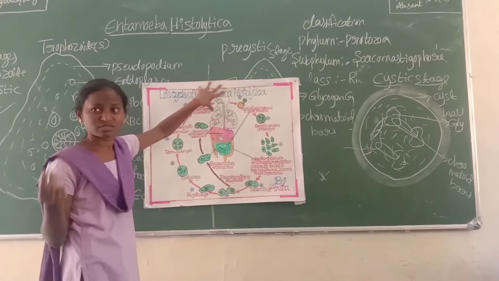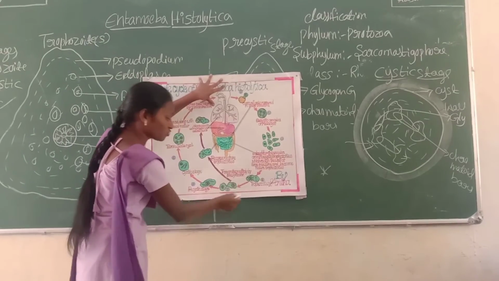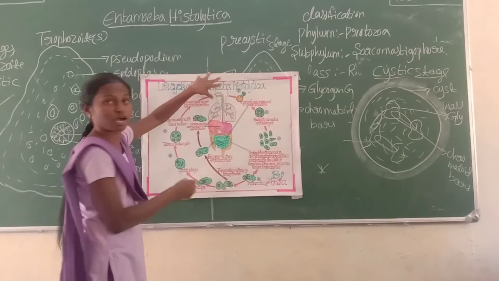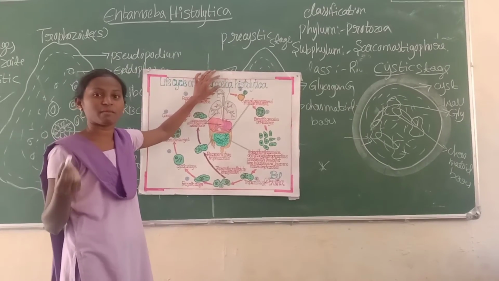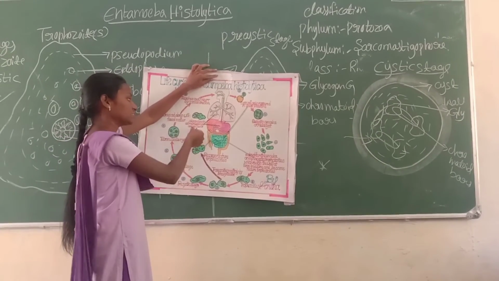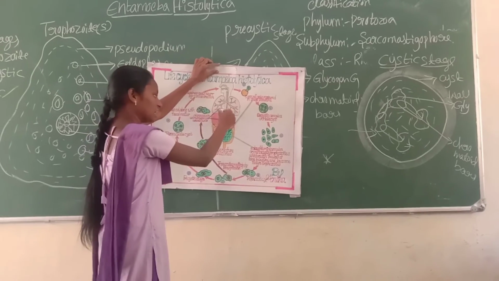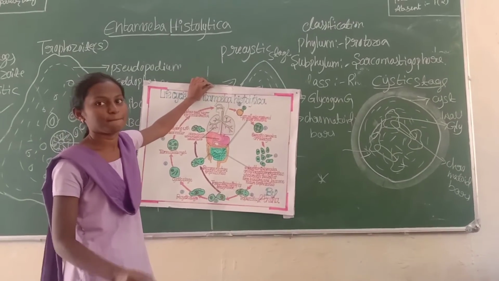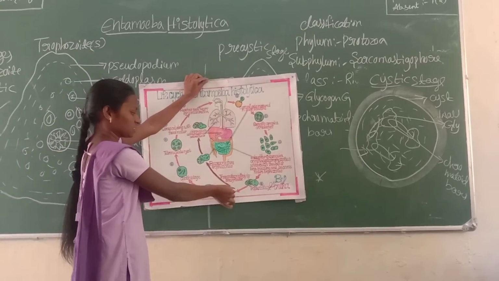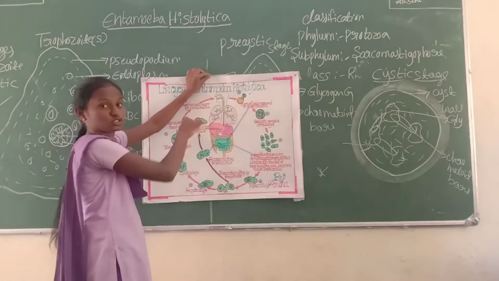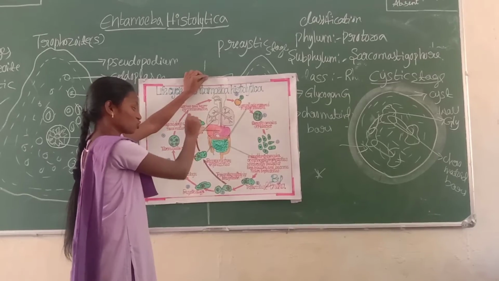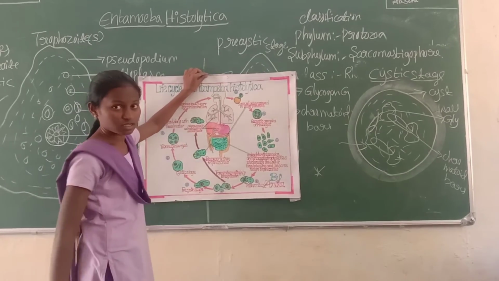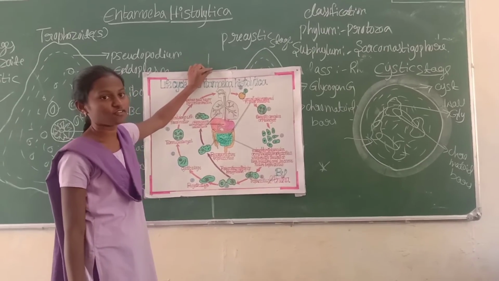Sometimes, by binary fission, the trophozoites directly become mature trophozoites. They enter directly into the lungs, kidneys and also the large intestine of man.